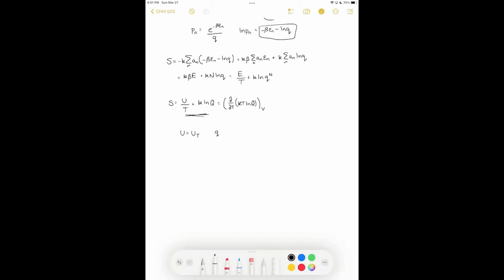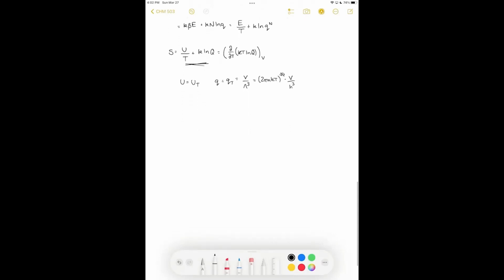And the partition function Q is simply equal to the translational partition function, which is equal to volume over the thermal wavelength cubed. This we can also write as (2 pi m kT) raised to the 3/2 times the volume over Planck's constant cubed. Maybe you remember that. With these definitions, we can now calculate the entropy.